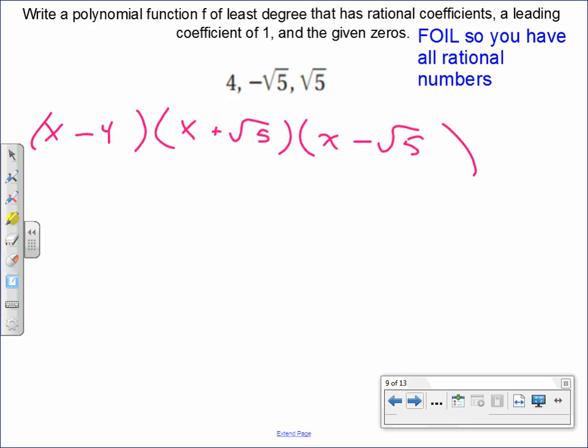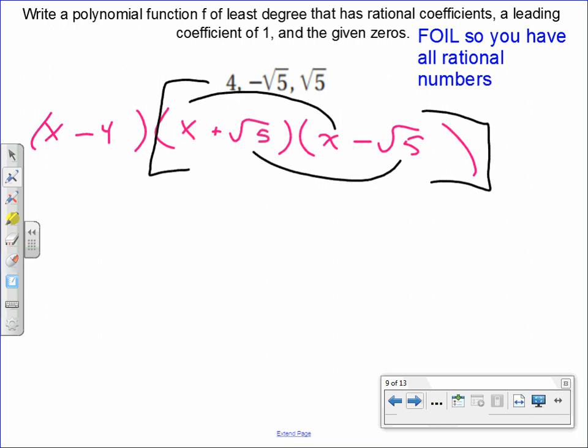We're only going to make you FOIL these ones out so that you're left with rational numbers. You don't have any like radical 5s. So it's going to be real similar. I'm going to put brackets around these 2 because these are the ones I'm going to FOIL. But since they are conjugates, you can save time and only do your first and your last. So what is x times x? And this one's tricky. What is a positive radical 5 times a negative radical 5?